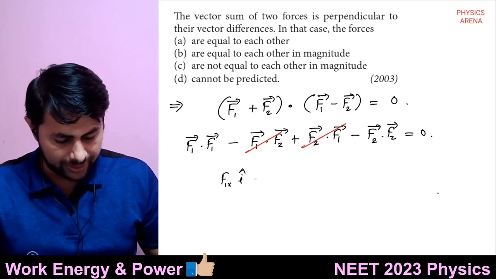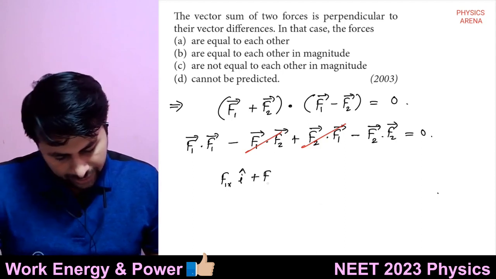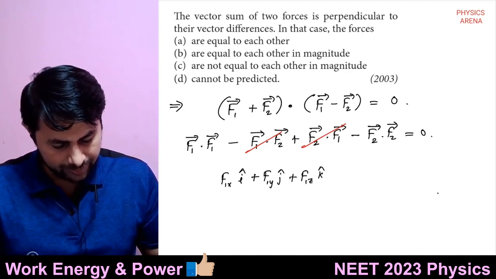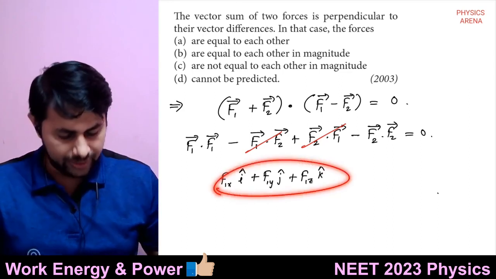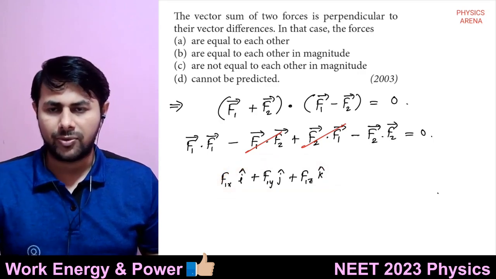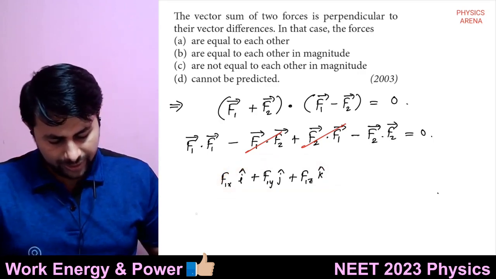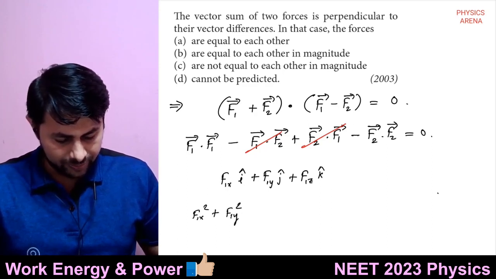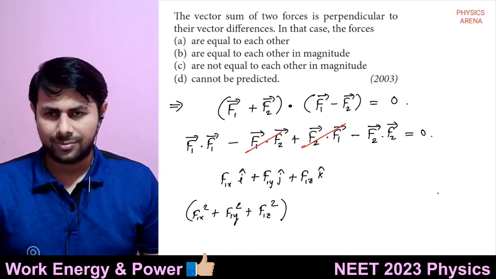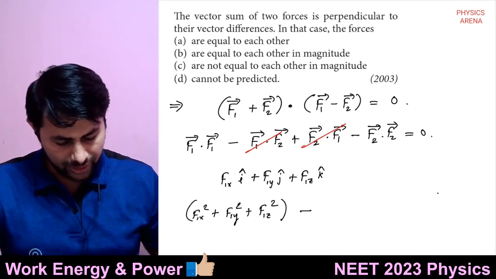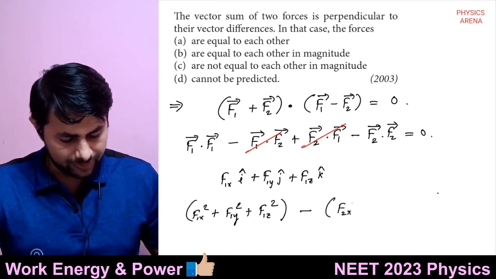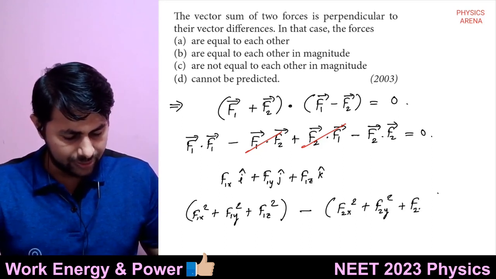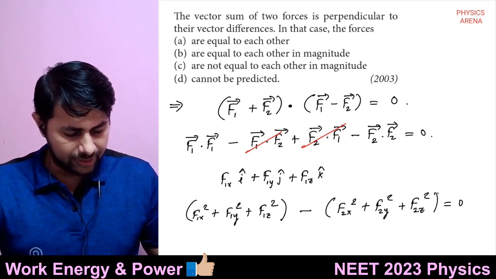So the dot product of this with itself will be f1x square plus f1y square plus f1z square, minus f2x square plus f2y square plus f2z square, and this is equal to 0.